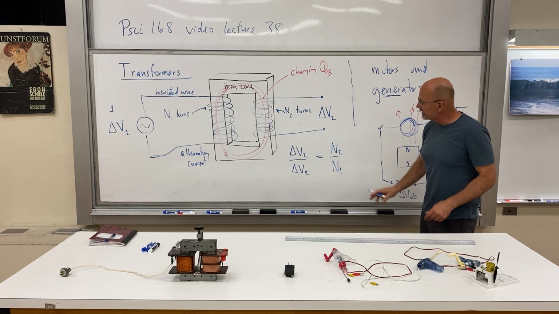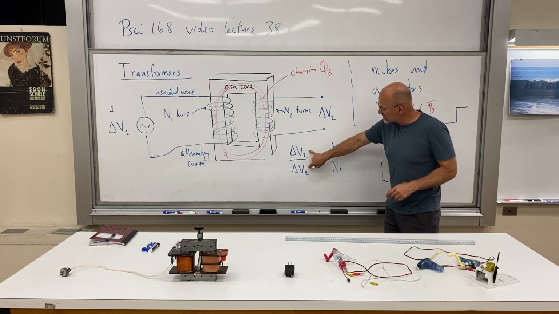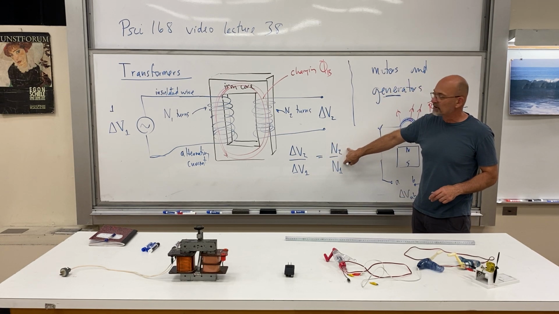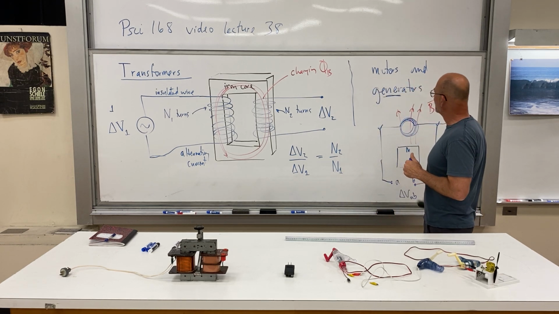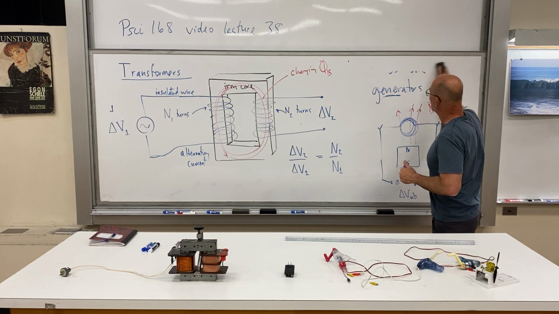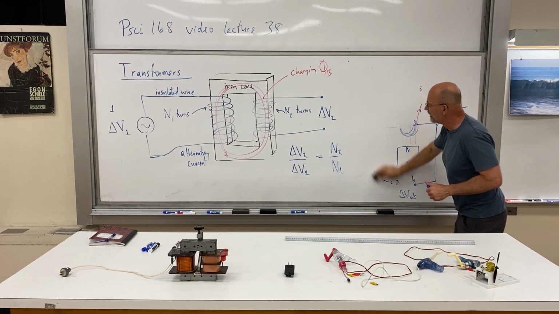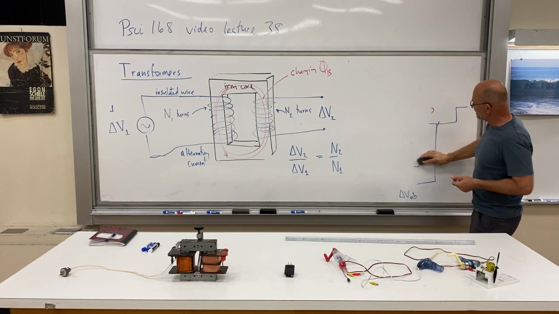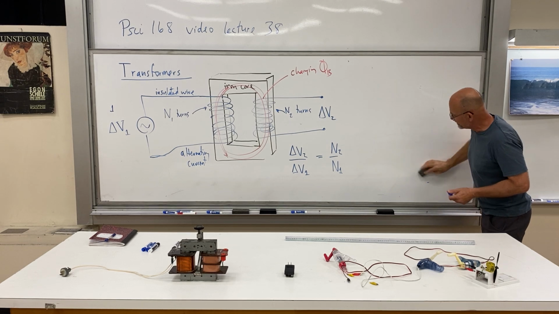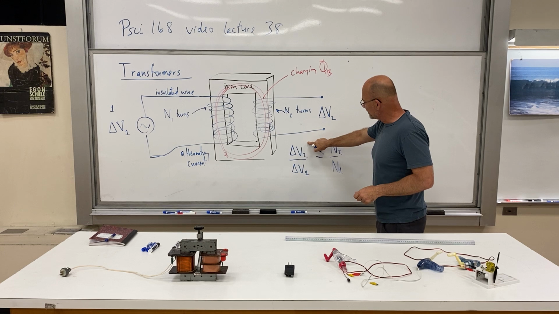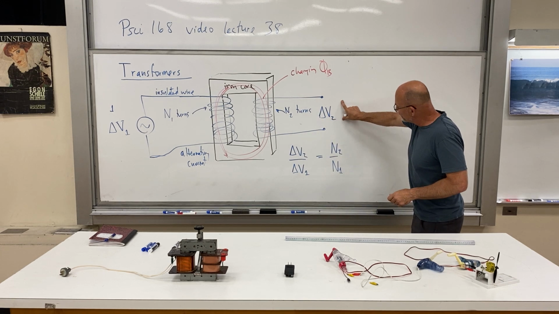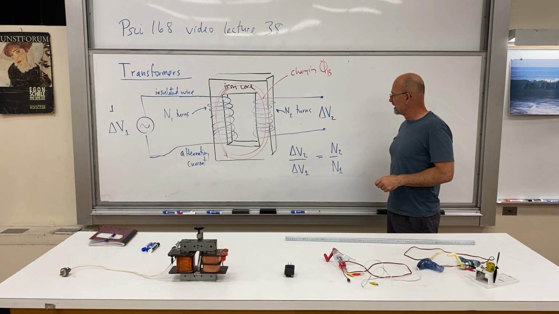Literally just the ratio of voltages here is the ratio of turns over here. And we'll finish up with a couple of examples. But I kind of like having this picture here, so let's keep that picture up there. This is the relation between this output voltage and this input.